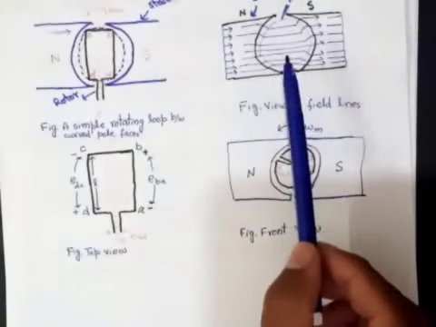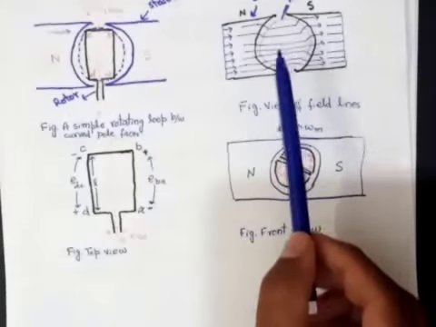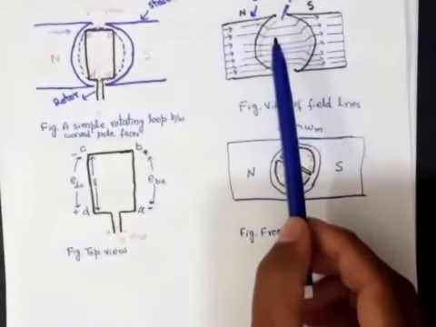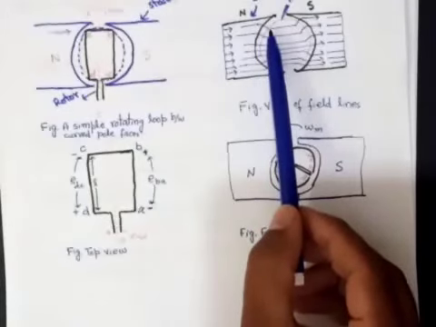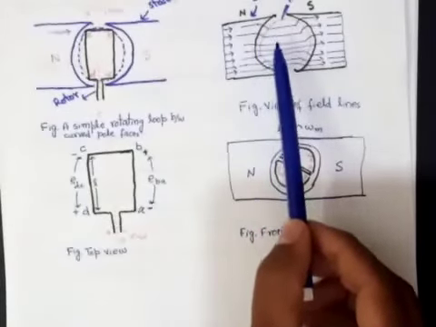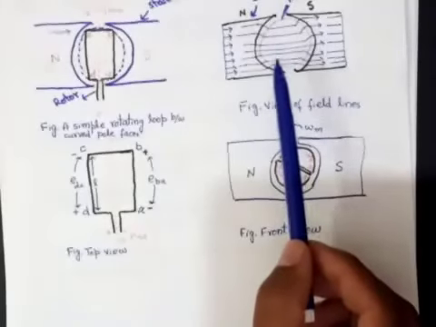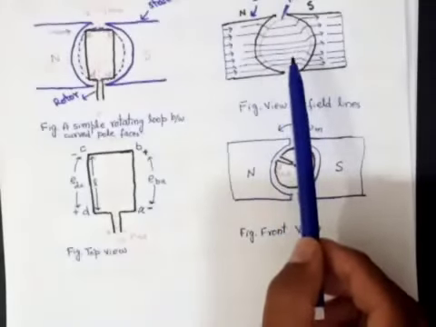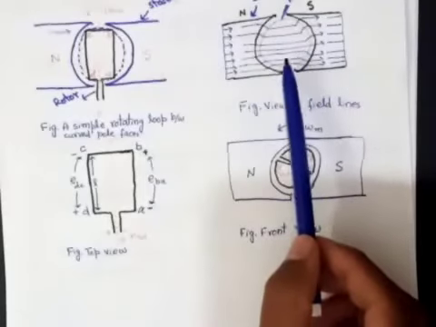The second important point is magnetic flux is perpendicular to the rotor surface everywhere under the pole faces. As you can see in this figure, the magnetic field and the rotor surface are perpendicular to each other. And the third important point is, since the air gap is uniform width, the reluctance is the same everywhere under the pole faces.